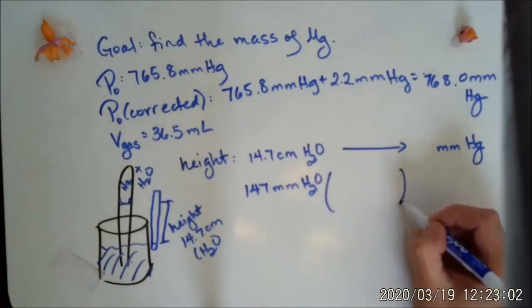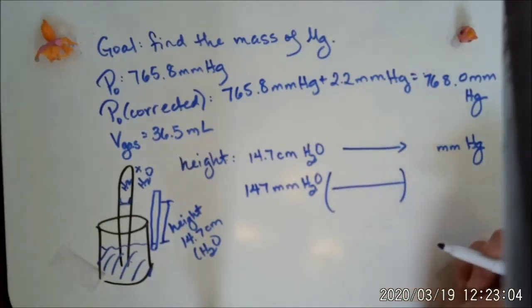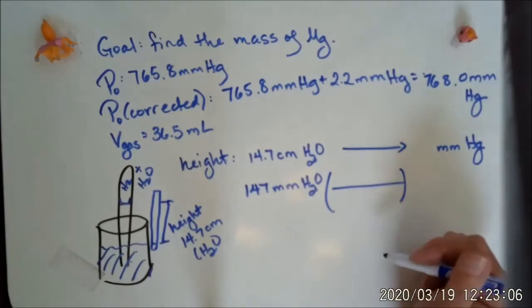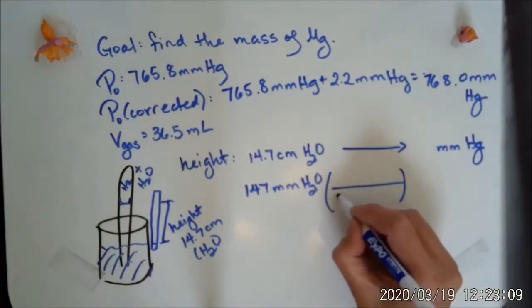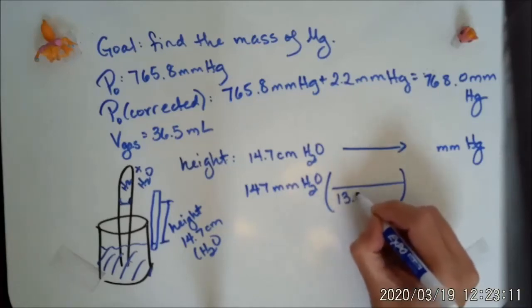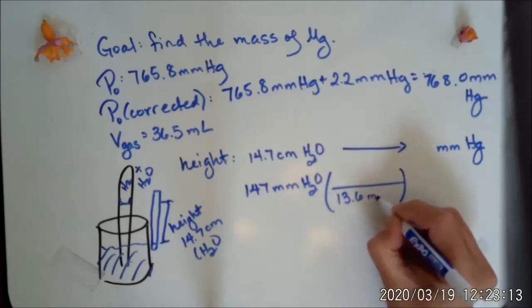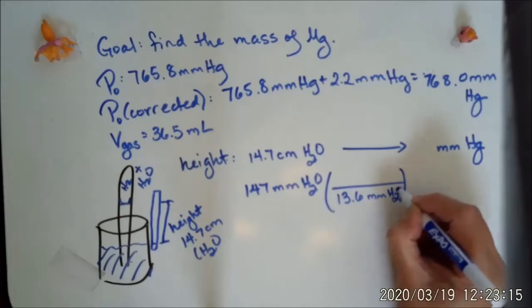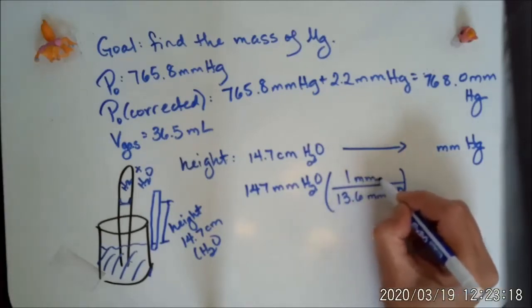What's more interesting is to convert between the millimeters water and the millimeters mercury. Basically, it's 13.6 millimeters water for every 1 millimeter mercury.